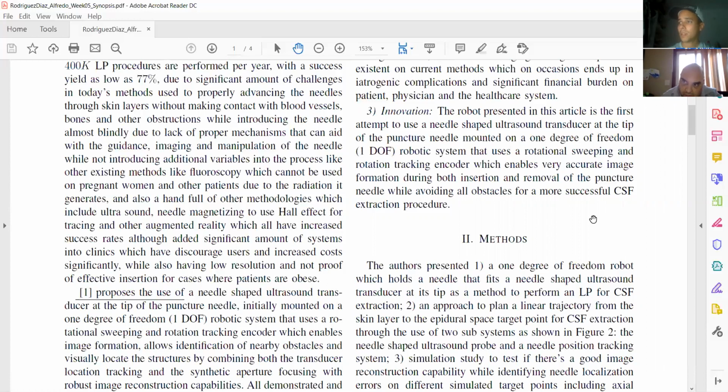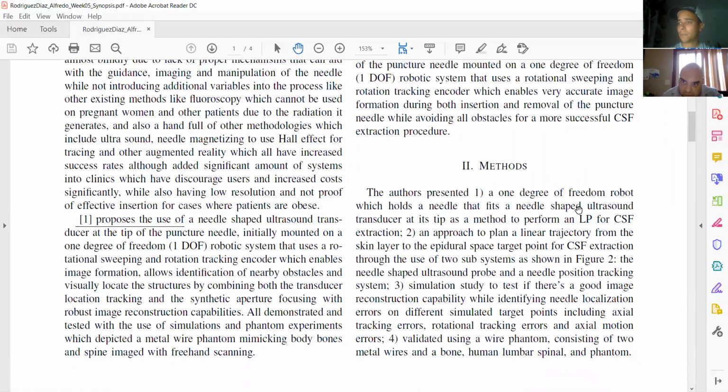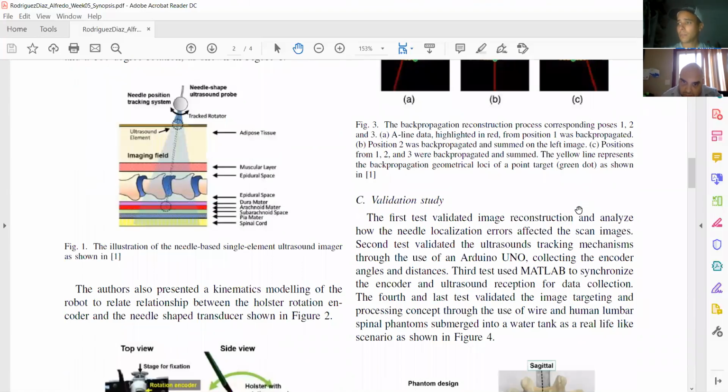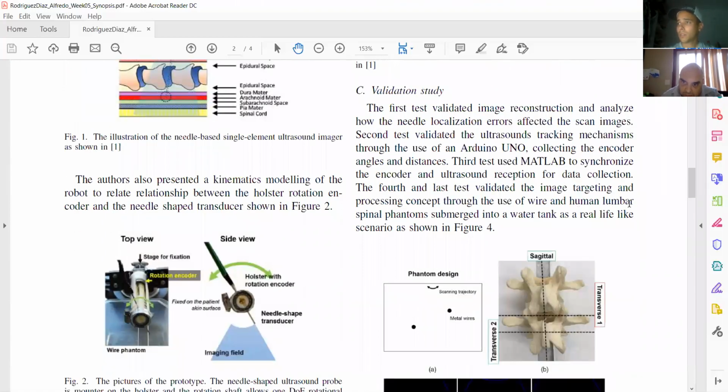And it bases this new approach as the first attempt to do something, which is one of the things Dr. Hata highlights as very important for innovation. Part of the validation, they also use an Arduino processor to run some of this testing. So a lot of integration was performed here.